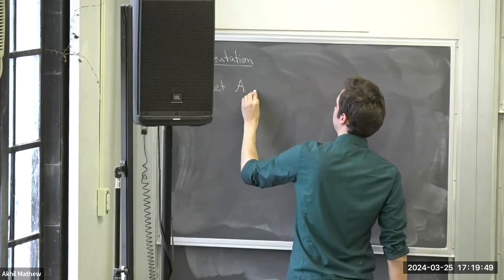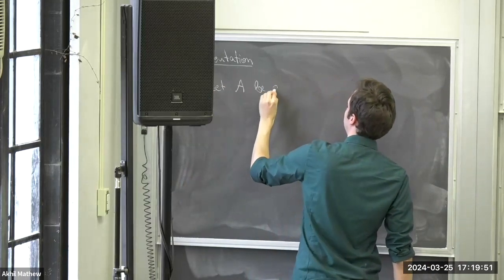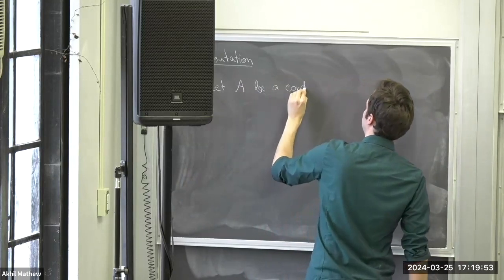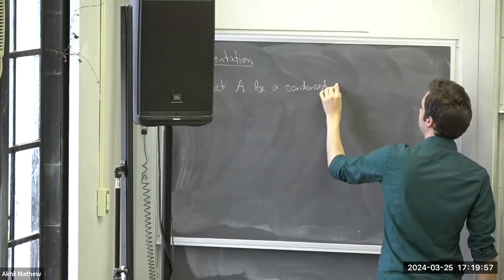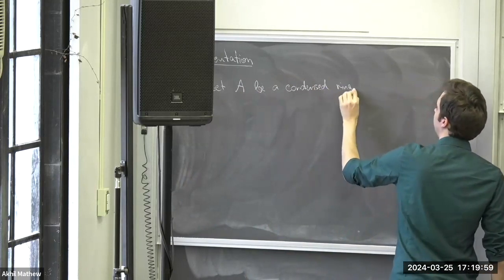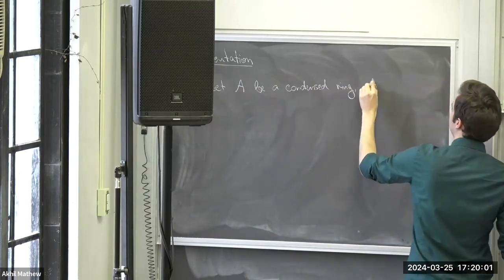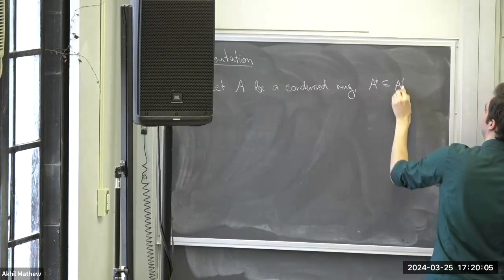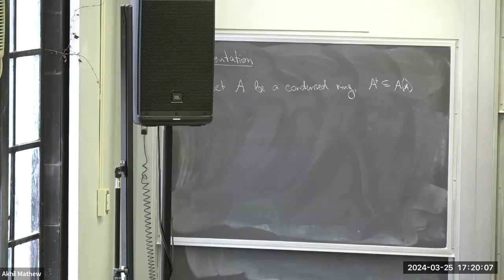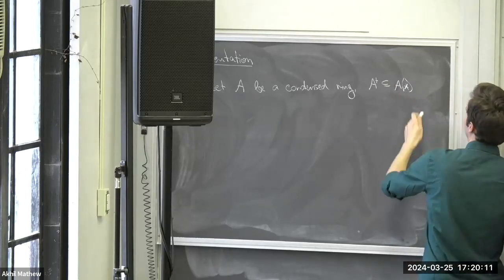Suppose that A is a condensed ring. It can be animated, but for today, let's just ignore that. And suppose we have some subring A^+ of A(*), so just A evaluated on a point, the underlying set of A.